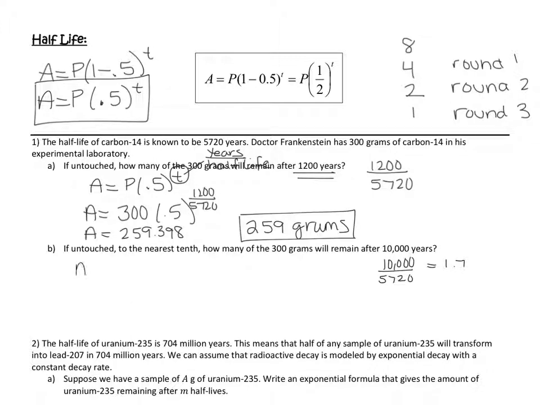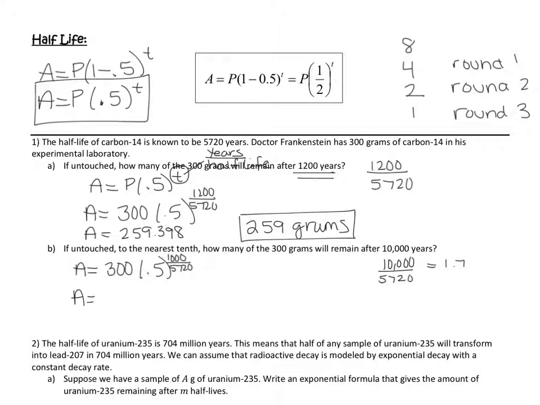So again, when we put it into the formula, it's going to be A equals, we're starting with 300, 0.5 to the 10,000 over 5,720. You don't want to put the decimal, you want to put the exact, so we're going to put the fraction. So again, type that into the calculator just the way you see it, and then hit resume when you're ready for the answer.